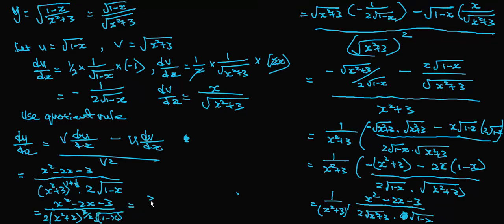Now, if you want to make it look neat, you can have 2 square root of 1 minus x. Normally this one you don't convert to a square root, you just keep it here. Don't put the square root, just put it as bracket x squared plus 3 to the power 3 over 2.